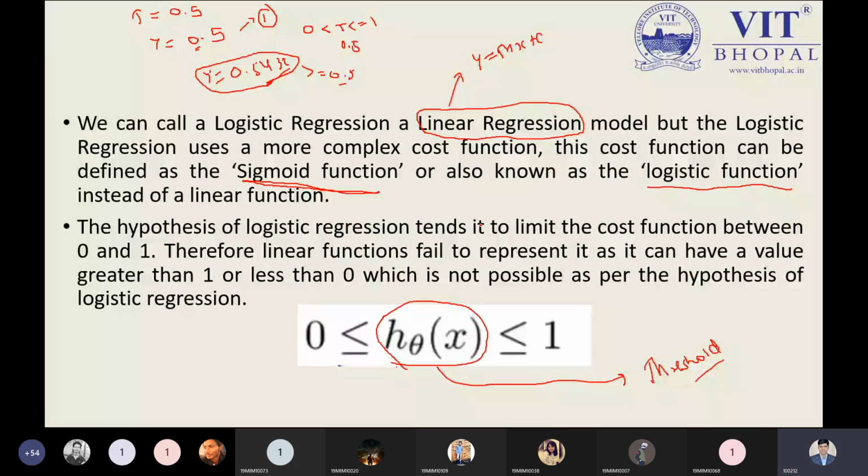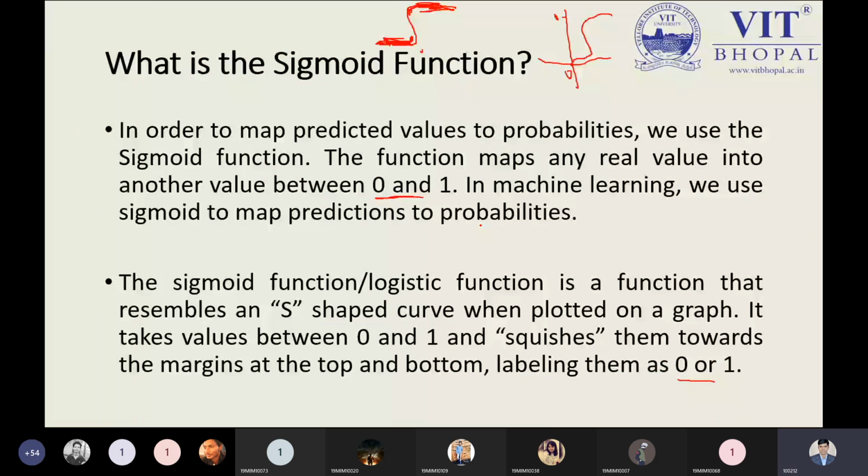Same thing, the sigmoid function will determine any value that lies between 0 and 1. But the model will choose only one value based on the threshold parameter. The graphical representation of the sigmoid function looks like an S shape, as you can see on the screen.